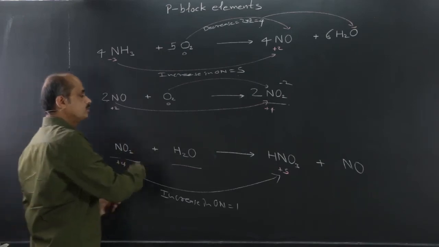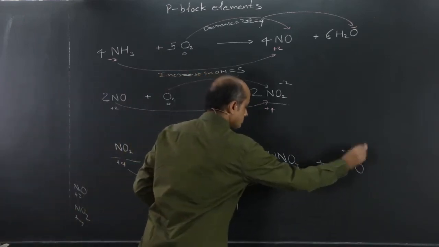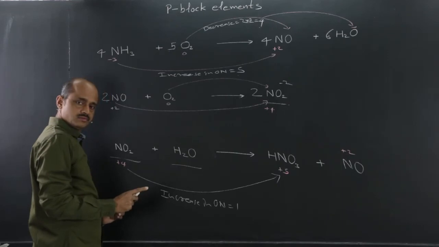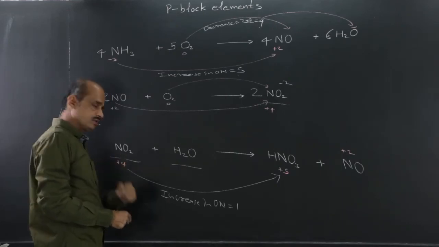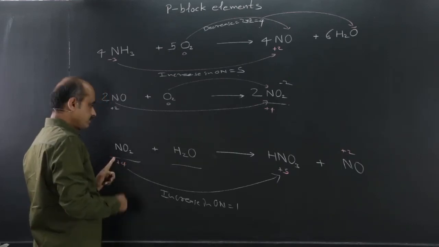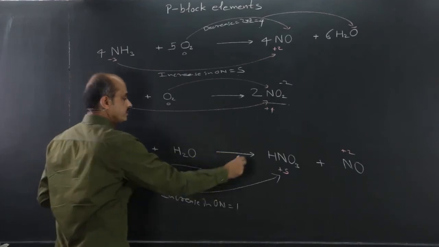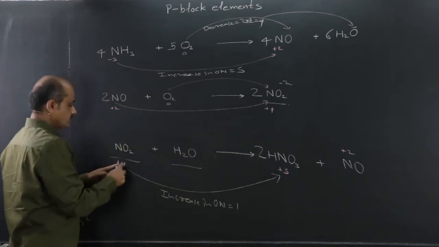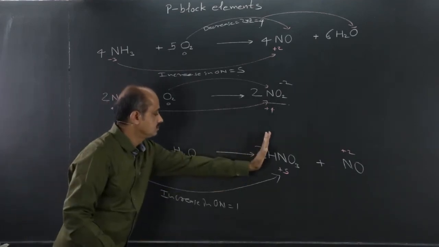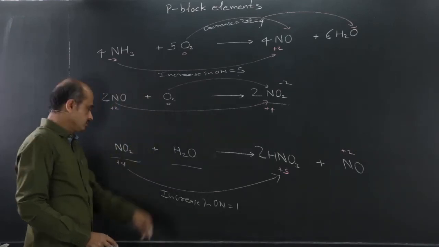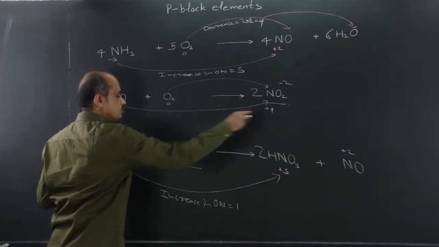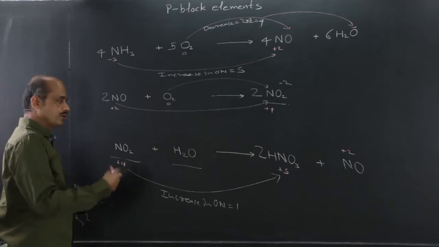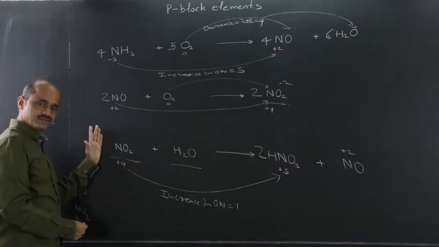Now +4 changing to +2 means it has captured 2 electrons. +4 changing to +5, they are 2, means releases 2. +4 changes to +2, if it is 1, accepts 2. So electronically this is balanced.